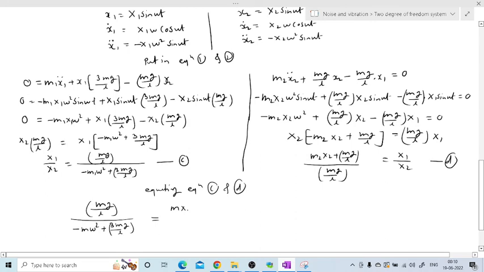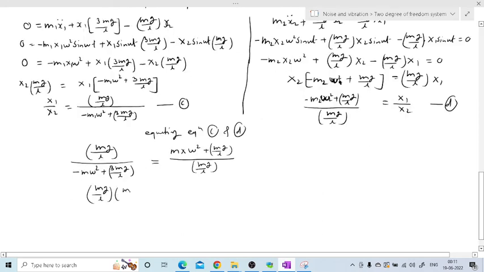So I write m omega square, this term is minus, plus mg by l divided by mg by l. Now we will cross multiply. So cross multiply the terms. So this is mg by l into mg by l. So I have transferred this mg by l here.